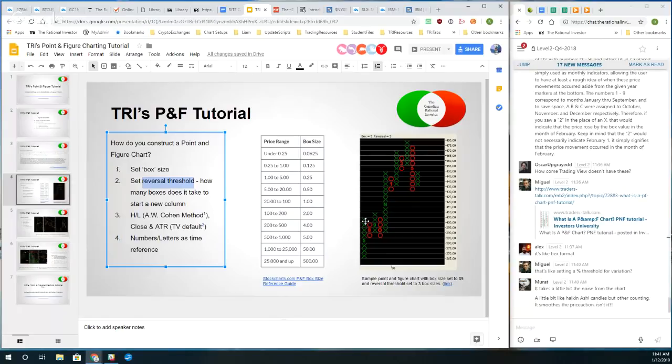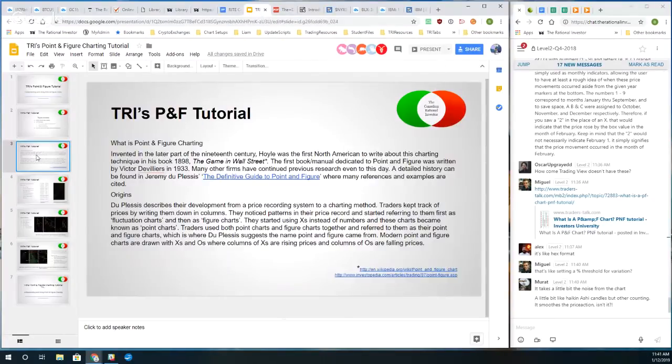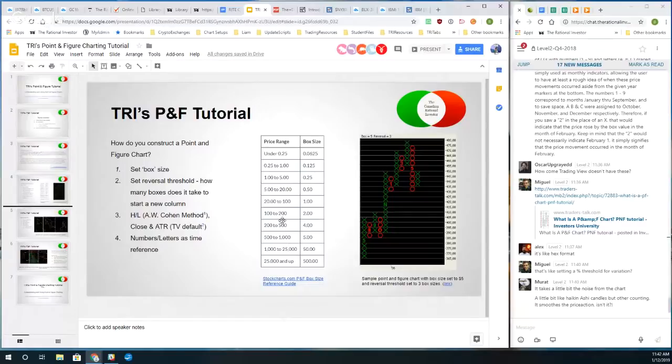You can always experiment on your own, but the general rule of thumb, which was created by A.W. Cohen and became the standard through the latter part of the 20th century into the early part of the 21st century, is that ideally we want the reversal to be the size of 3 of these boxes.